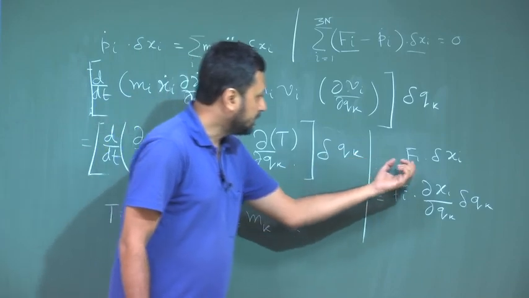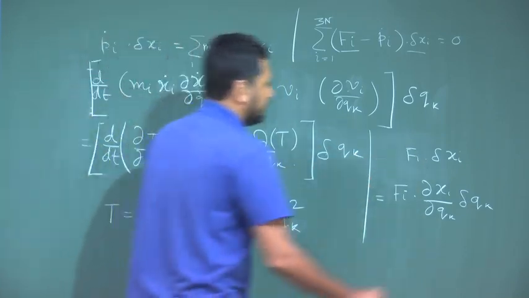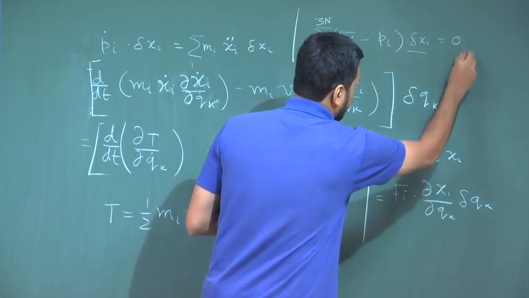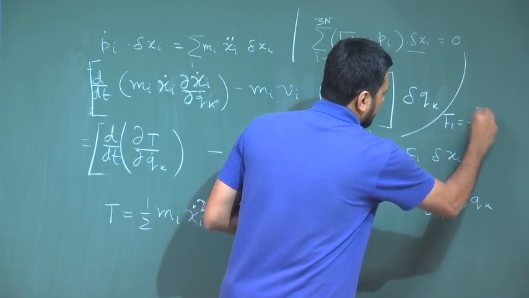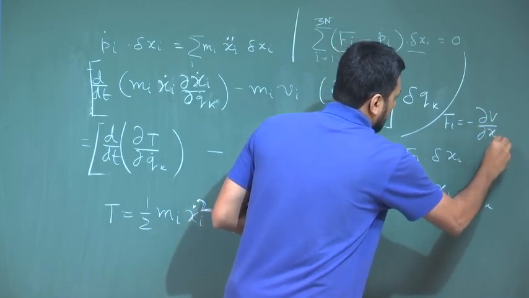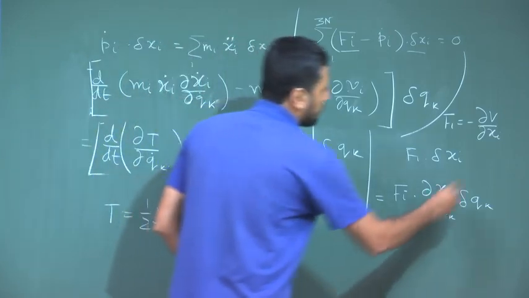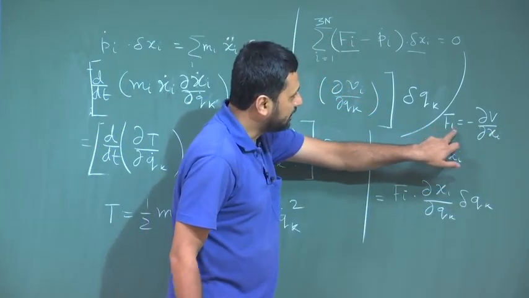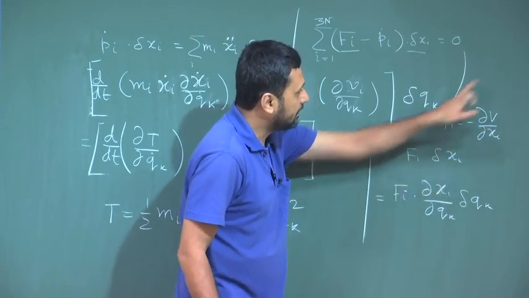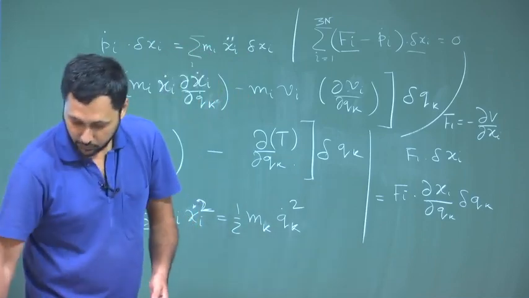Right now, let us assume that these fi's are conservative in nature. If this is conservative, then every force can be written in terms of some potential function, right. So, each of the force components can be written as a derivative of some generalized potential component, right.